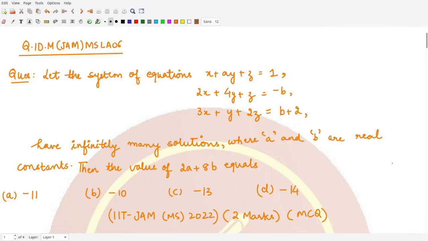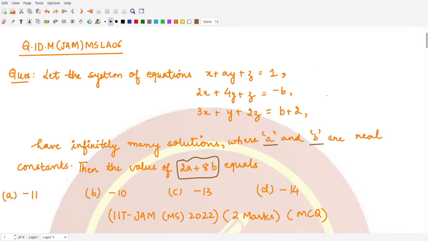In this video, we'll be looking at another question, a 2-mark MCQ that appeared in the IIT-JAM Mathematical Statistics 2022 examination. They are asking: if A and B are two constants, then what is the value of 2A plus 8B, where A and B appear in this system of linear equations.